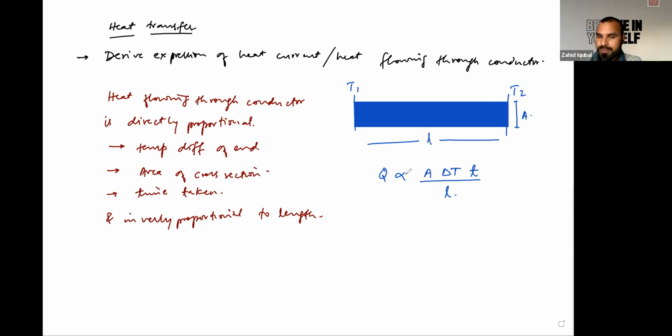Now, on replacing this proportionality constant, just put K A delta T t divided by L. This K is called thermal conductivity. Is it clear?